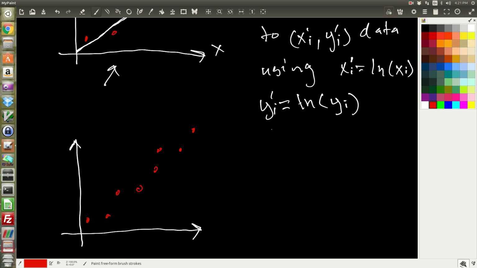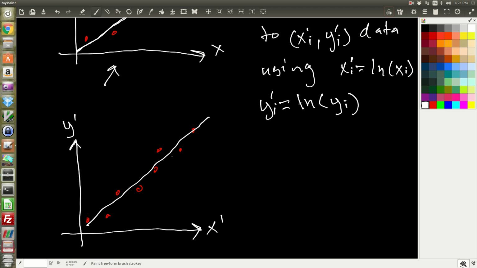When we did the transformation, it became more linear. Now we can fit a line to this and it fits real nice. Well, now these axes aren't y and x, they're x prime and y prime, right? Because we're plotting the x prime and y prime data.